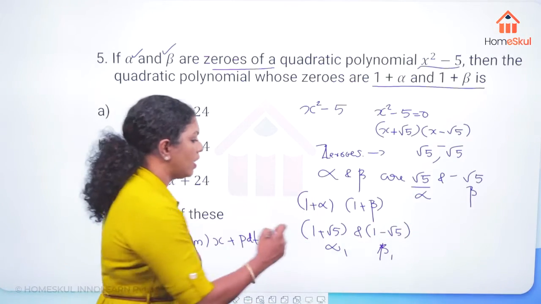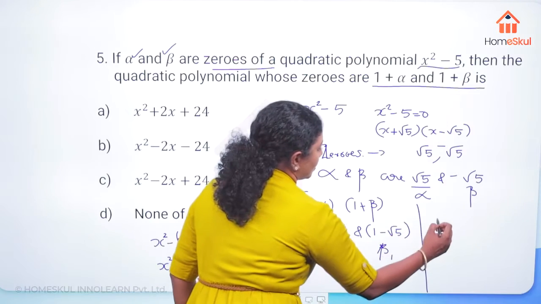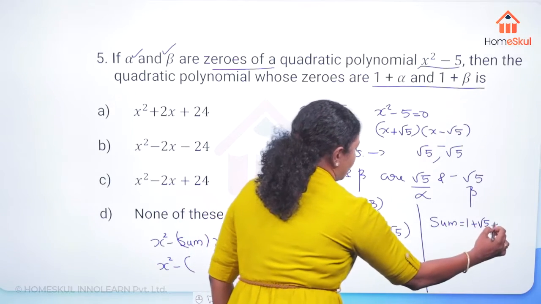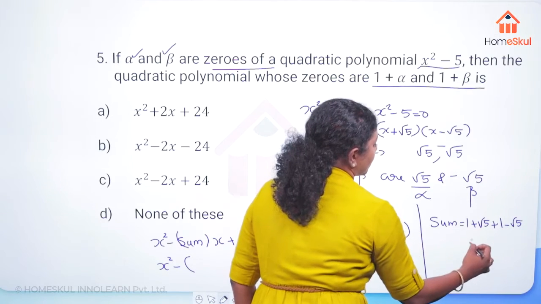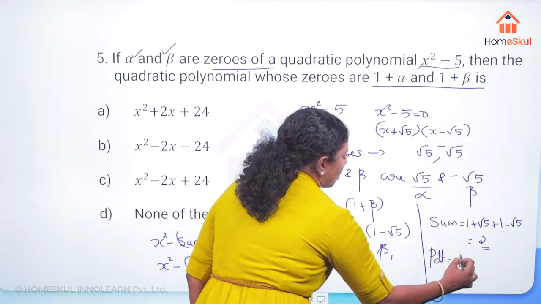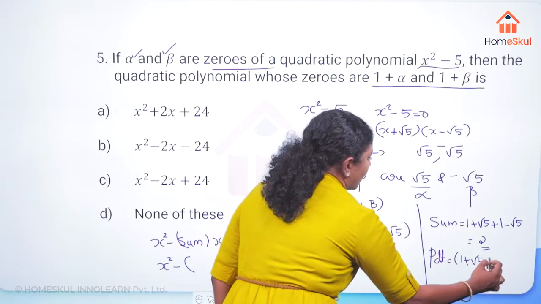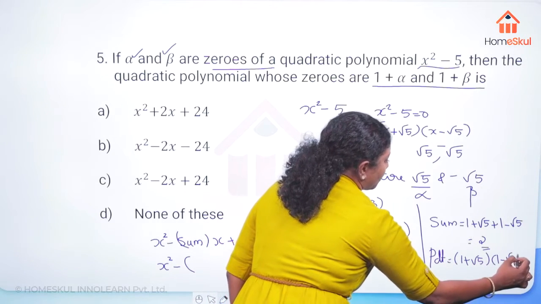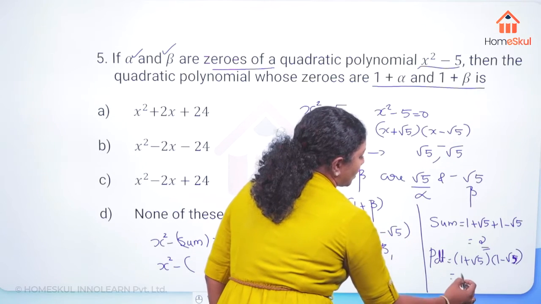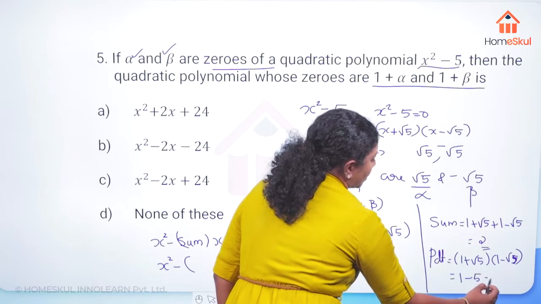Now we need the sum of the roots. Sum will be 1 plus root 5 plus 1 minus root 5, which is equal to 2. What will be the product? Product will be 1 plus root 5 into 1 minus root 5. A plus b into a minus b, so a square minus b square is equal to minus 4.